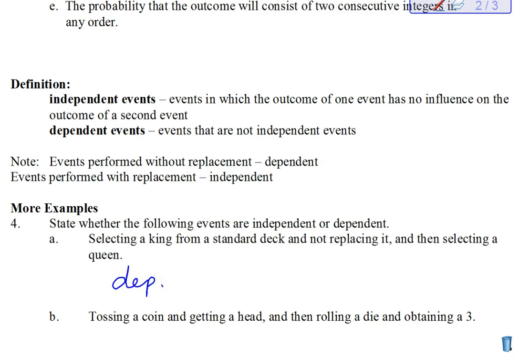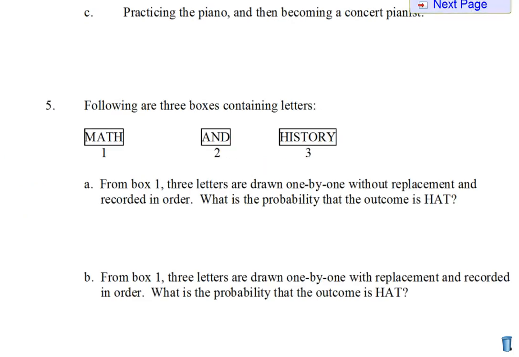B, tossing a coin and getting a head, and then rolling a die and obtaining a 3. Tossing a coin has no effect on what you're going to get when you roll a die, so these two events would be independent.